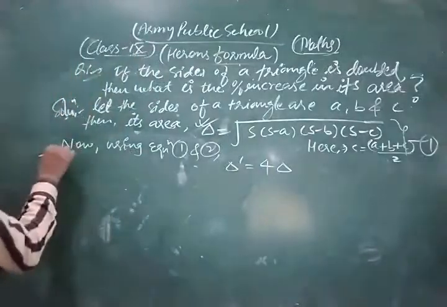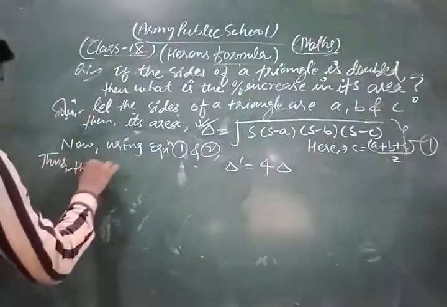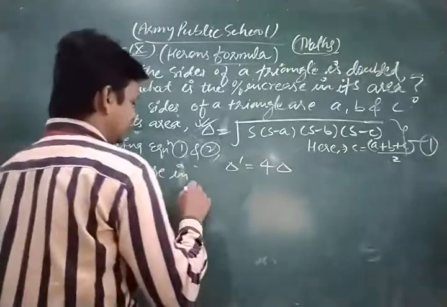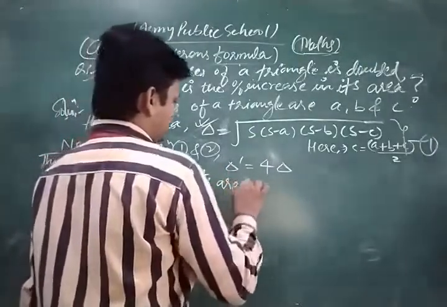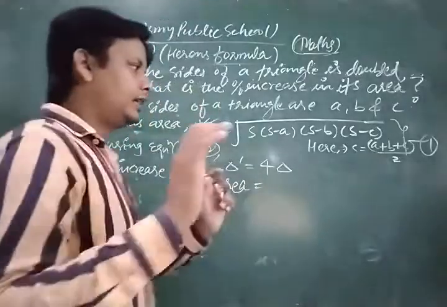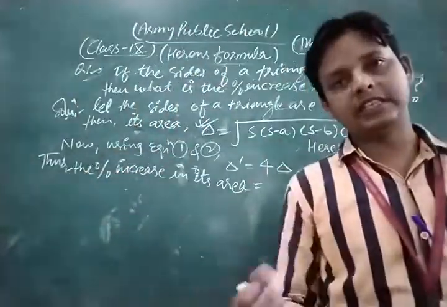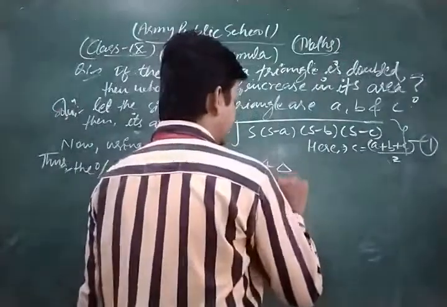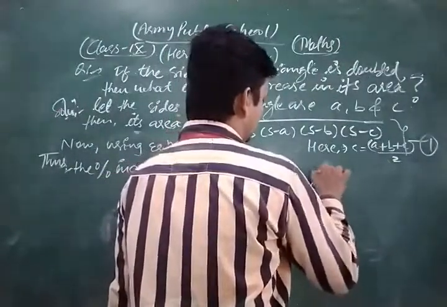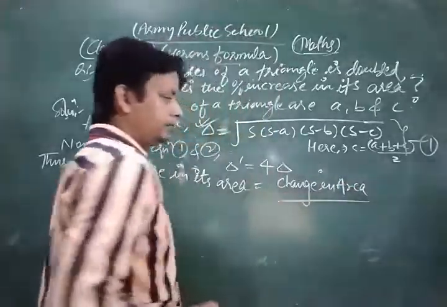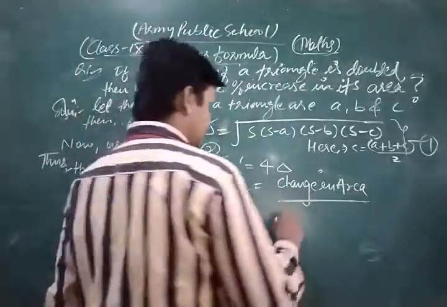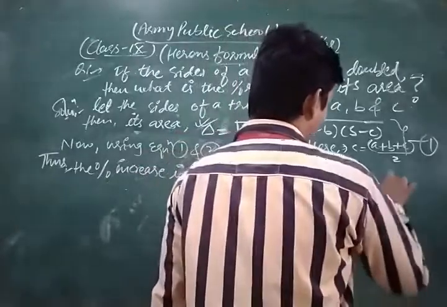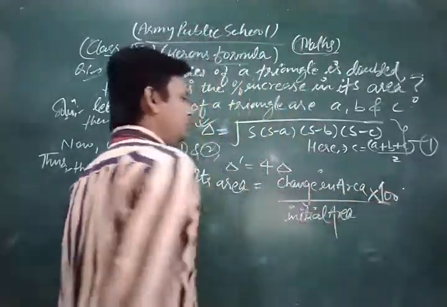So look, the percentage increase in its area is equal to the change in area upon the initial area, that is the original area, into 100.